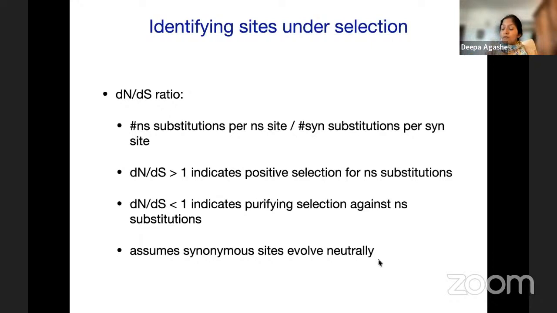So on the whole, many times it is probably a reasonably fair assumption to say that synonymous sites are evolving neutrally, or are certainly evolving more neutrally or under weaker selection than non-synonymous sites, but it's not always a good estimate, okay? And I'll show you some examples of how assuming blanket neutrality of synonymous sites is going to be a problem.